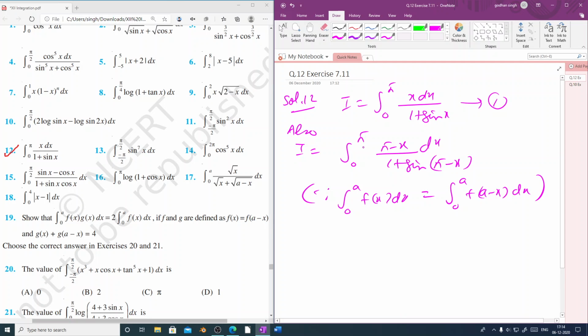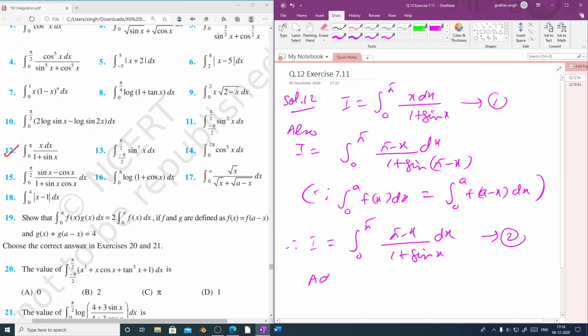So what is our a here? It is pi. Therefore I equals the integral from 0 to pi of (pi minus x) over 1 plus sin x, because sin(pi minus x) is the same as sin x. And let this be equation number 2.